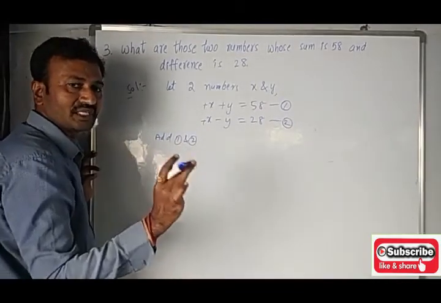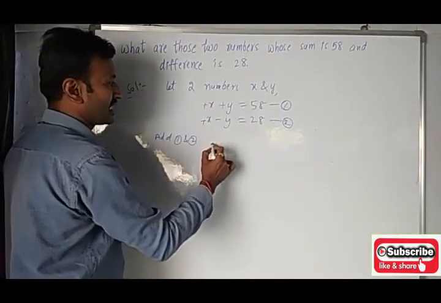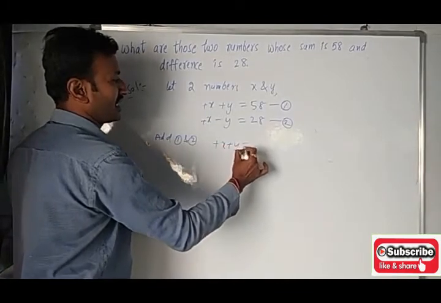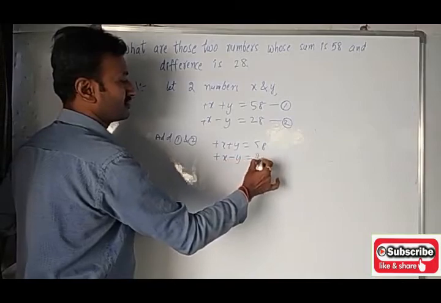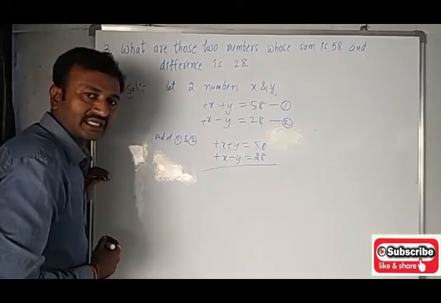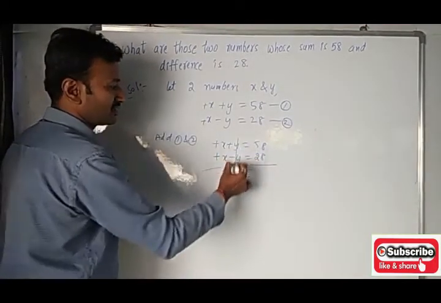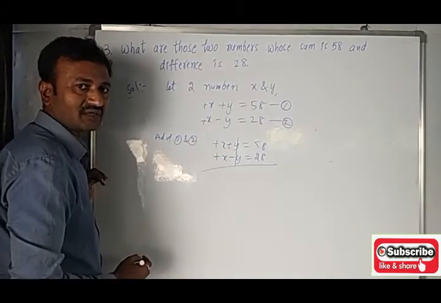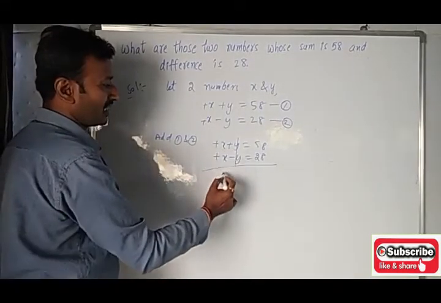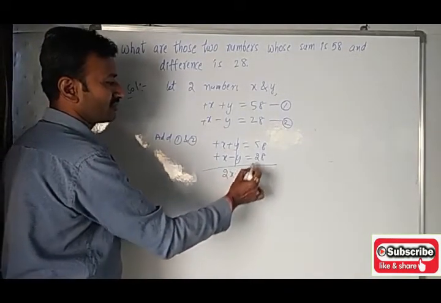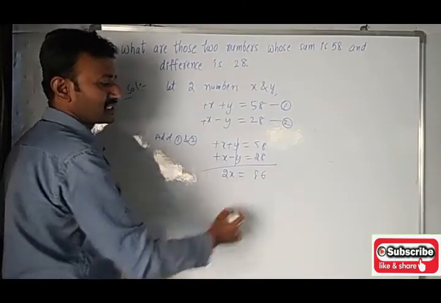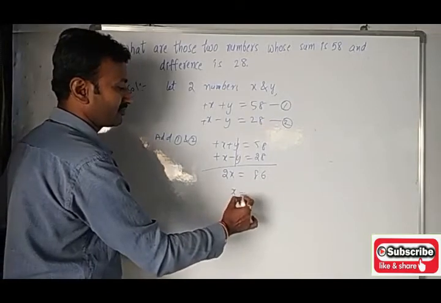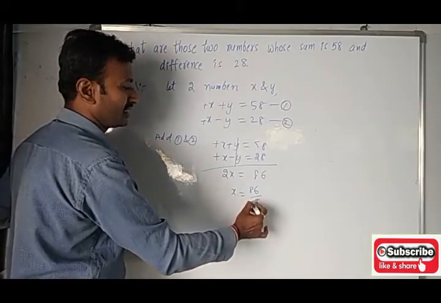So as it is, plus x plus y is equal to 58, plus x minus y is equal to 28. We are adding, no sign change. So just cancel the y which have the opposite signs. Now x, 2x, 28, 58, how much? 86. So here x is equal to 86 by 2.